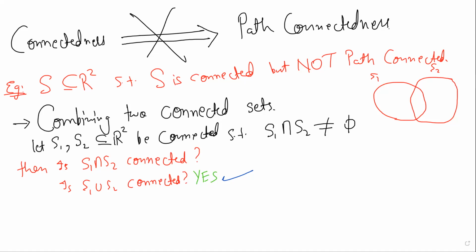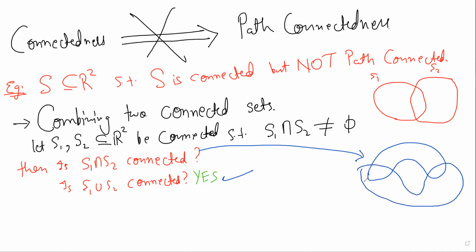Okay. But also, the intersection can be really small also. If I draw, right, not connected.